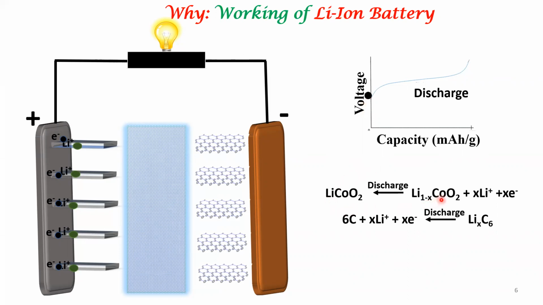As the battery gets discharged, lithium cobalt oxide gets formed and lithium ions get transferred from the anode. The anode gets delithiated and becomes graphite, delithiated graphite. So the opposite reaction occurs during the charging of the battery.